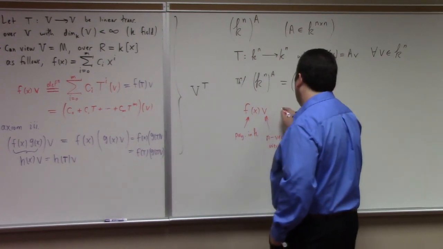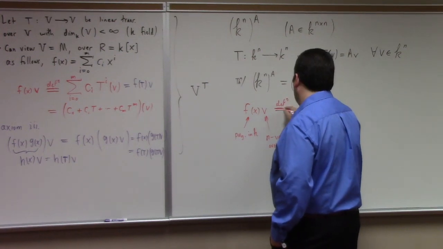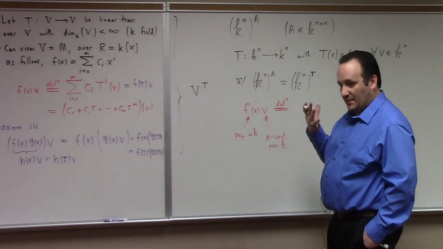I want to give a definition of how to act on the vector by this polynomial with respect to the matrix which is given.